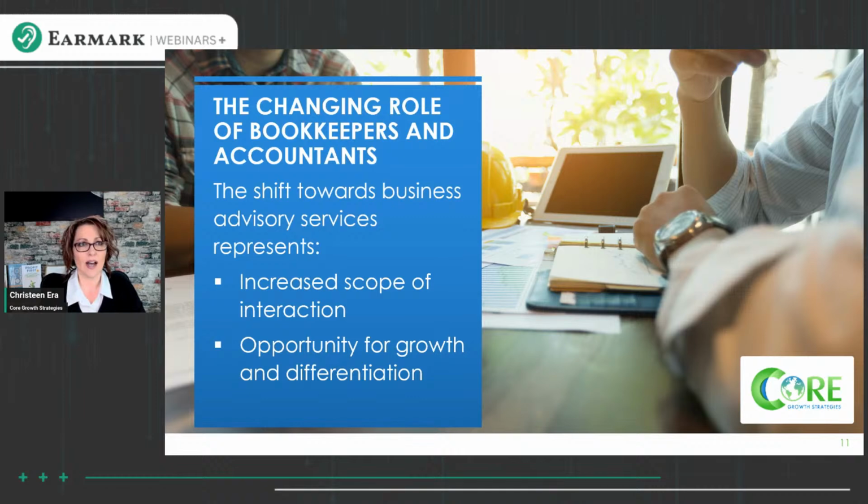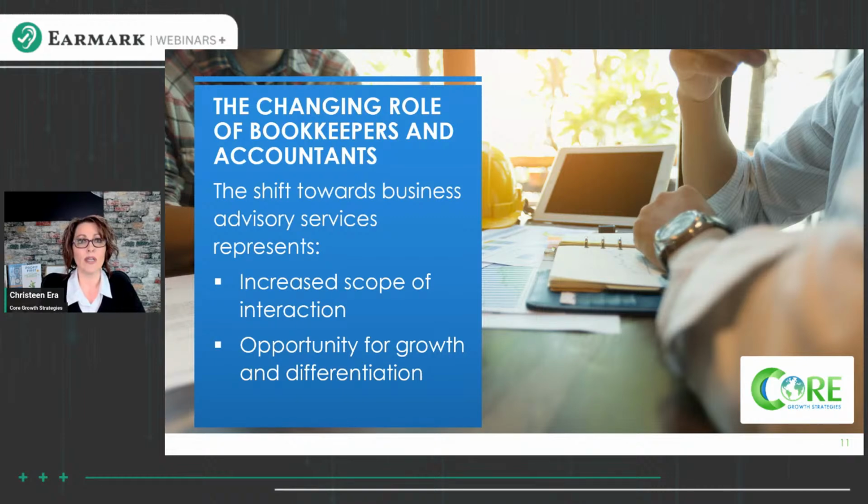Just listing these off, these tasks are crucial, but they kind of seem like those boring checks and balances, and we can do more than that if we're interested in doing more. These also limit the scope of interaction between financial professionals and their clients.